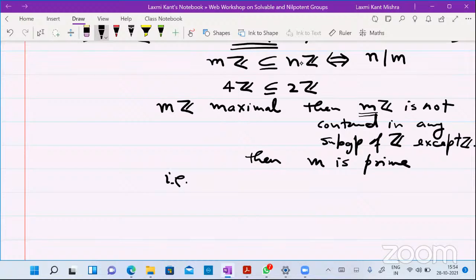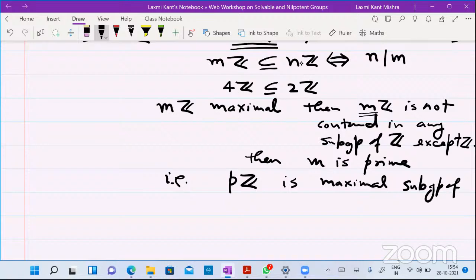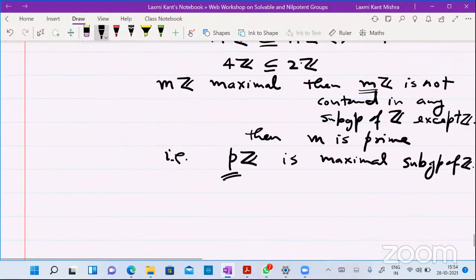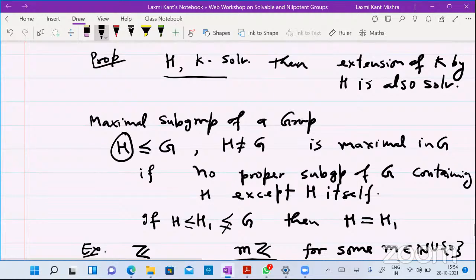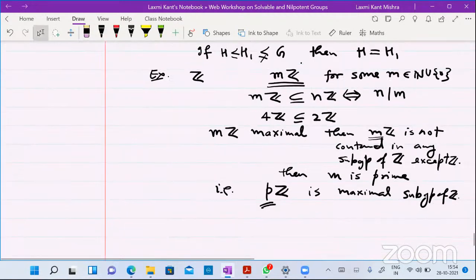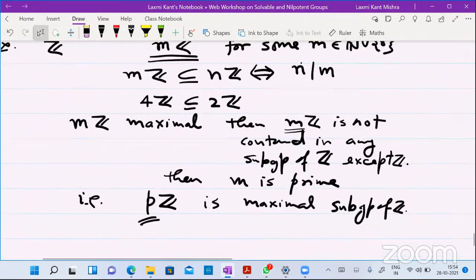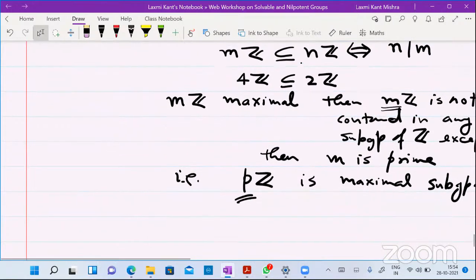That is, PZ, where P is prime, is a maximal subgroup of Z. So this is a maximal subgroup, and I told you that maximal subgroups may or may not exist.